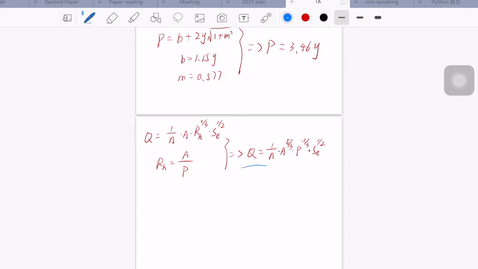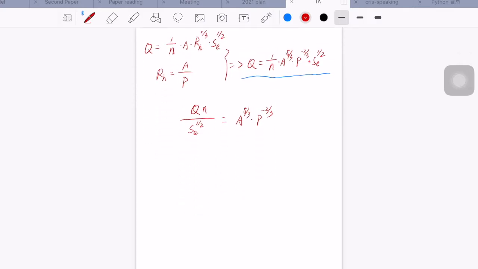And we rearrange this equation, and we get that Q times N divided by SE to the power of 1 over 2 equals A to the power of 5 over 3 times P to the power of negative 2 over 3.